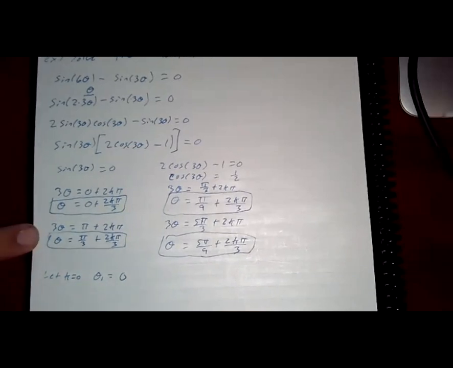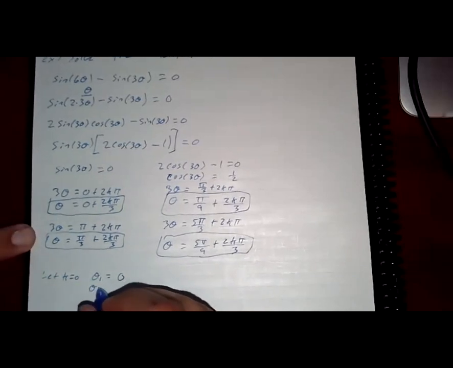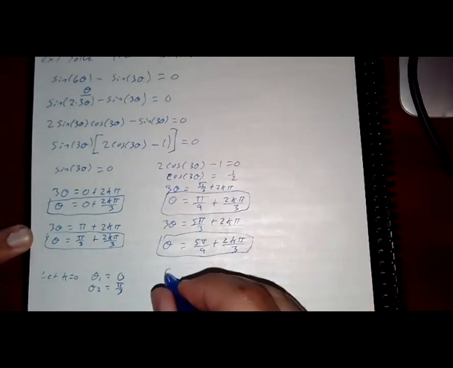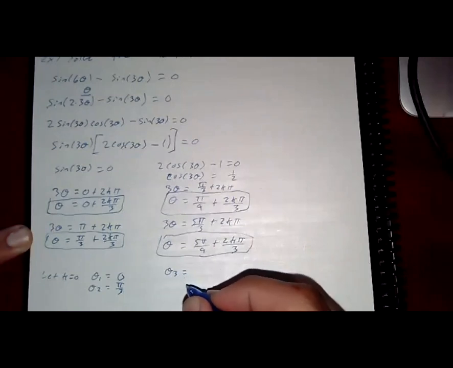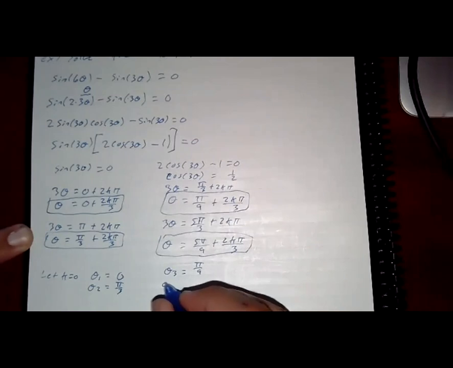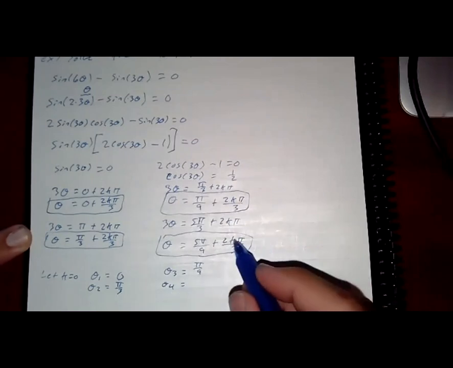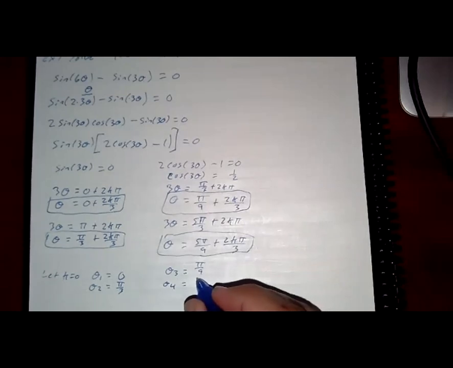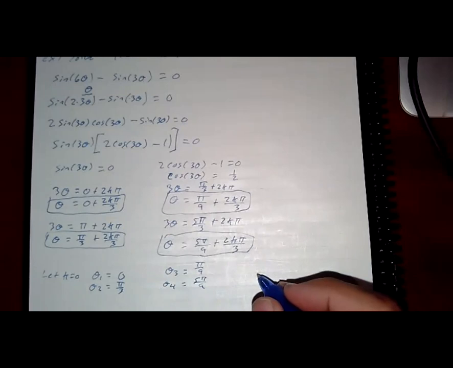Now putting 0 here, theta 2 would be pi over 3. Theta 3 would be pi ninths. Theta 4, putting 0 here, would be 5 pi ninths. Okay, so there's my first set.